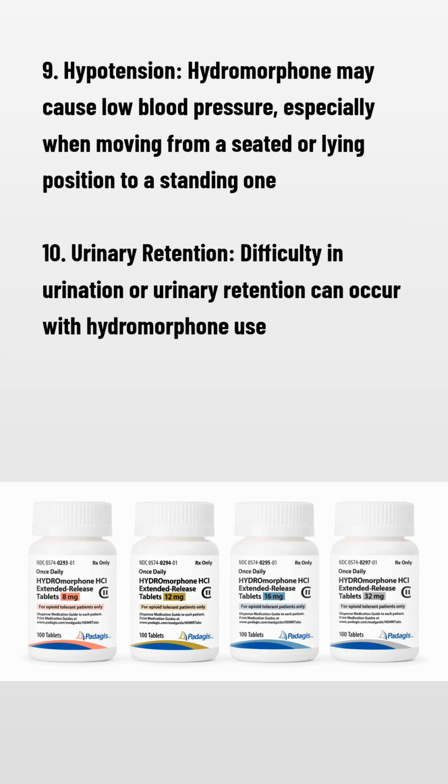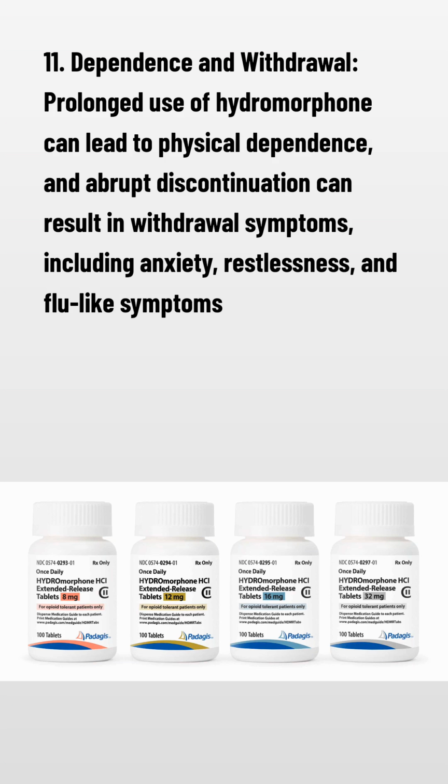Urinary retention. Difficulty in urination or urinary retention can occur with hydromorphone use. 11. Dependence and withdrawal. Prolonged use of hydromorphone can lead to physical dependence, and abrupt discontinuation can result in withdrawal symptoms, including anxiety, restlessness, and flu-like symptoms.